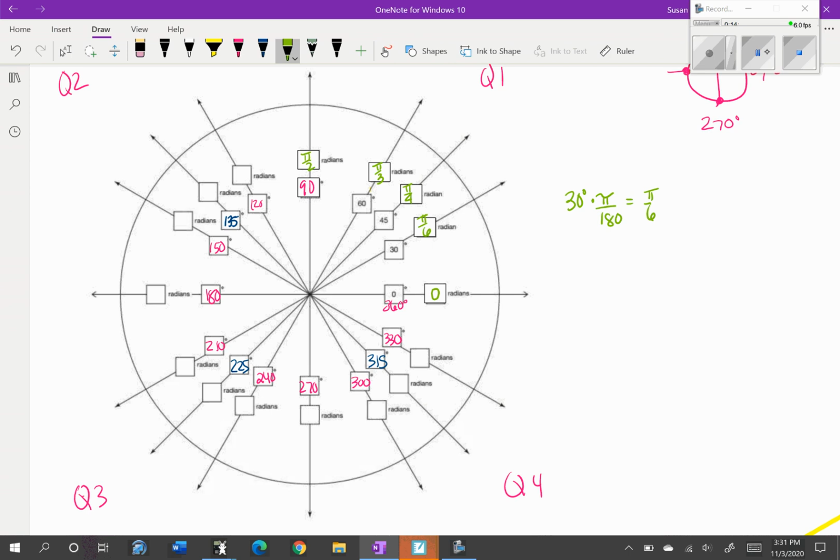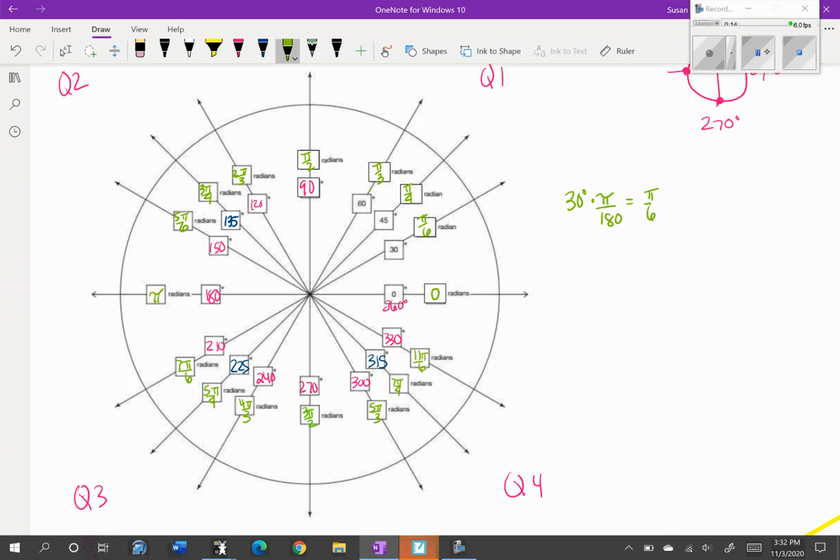So the next one would be 2 pi over 3, 3 pi over 4, 5 pi over 6, pi, 7 pi over 6, 5 pi over 4, 4 pi over 3, 3 pi over 2, 5 pi over 3, 7 pi over 4, and 11 pi over 6.